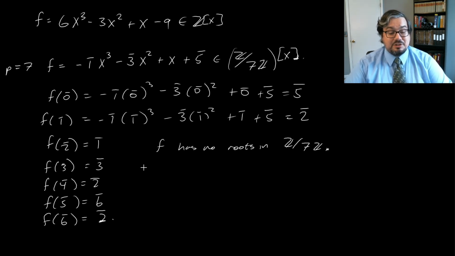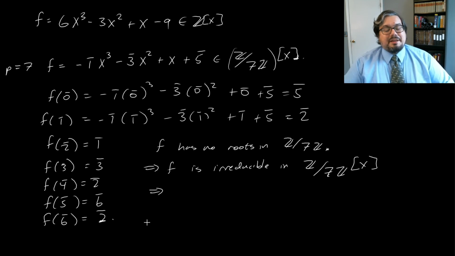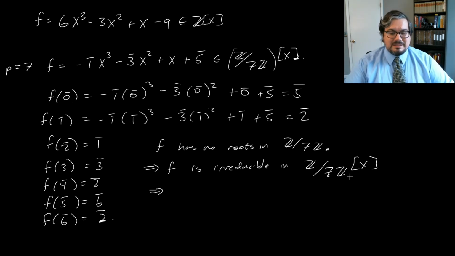And since f has degree 3, this means that f is irreducible in Z mod 7Z adjoin X. Well, now by Theorem 147, because f bar is irreducible in Z mod 7Z, f bar has no roots in Z mod 7Z.